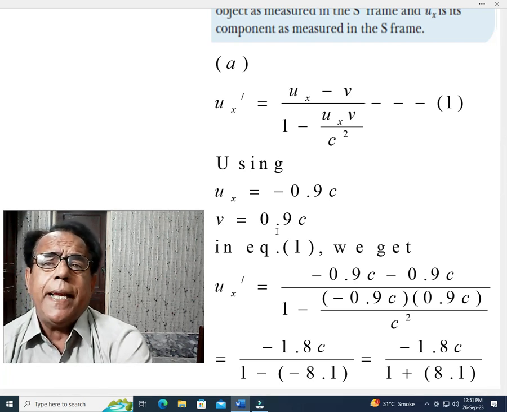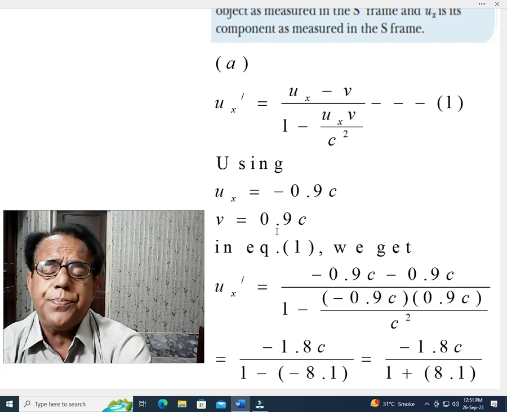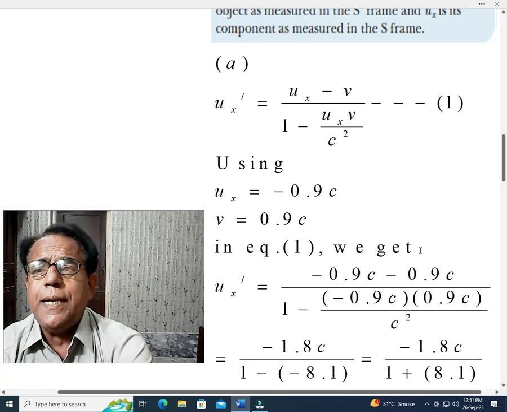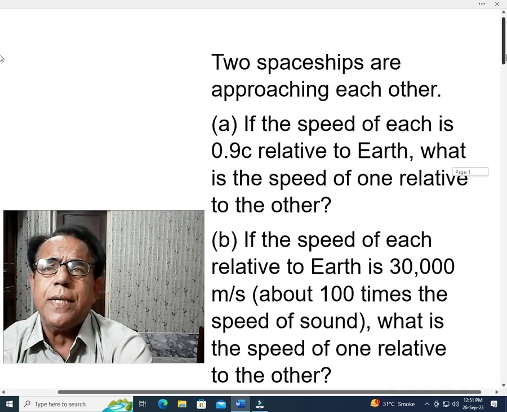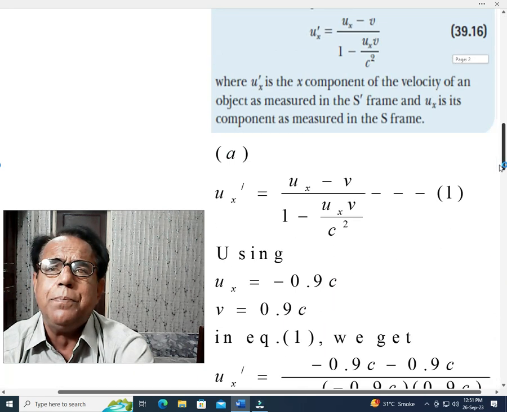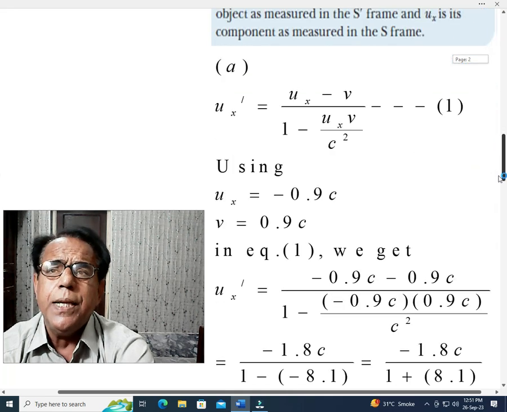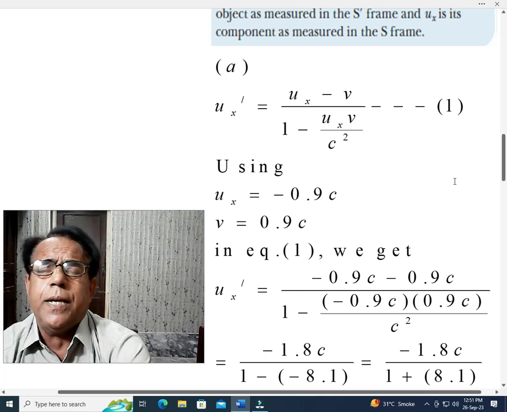Dear students, as I have explained, their movement is of such a nature that two spaceships are approaching each other. When approaching each other, it means their velocities are in opposite directions.